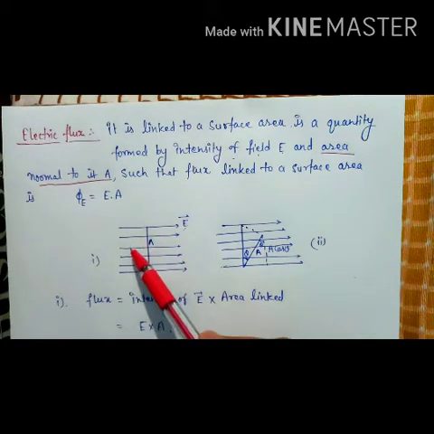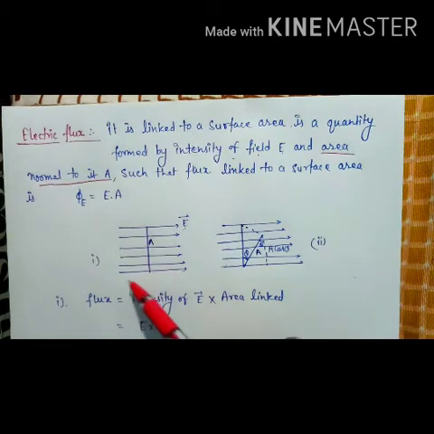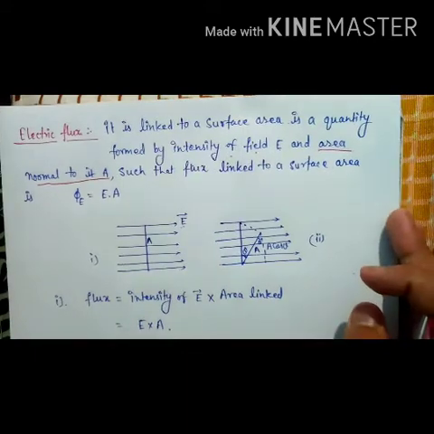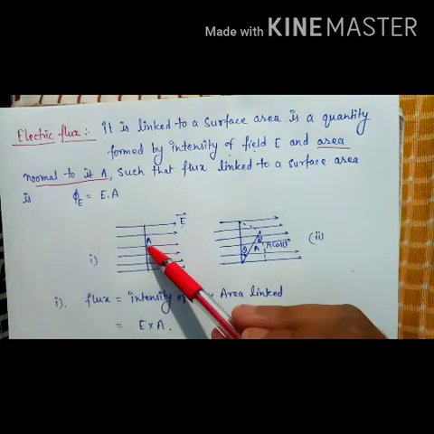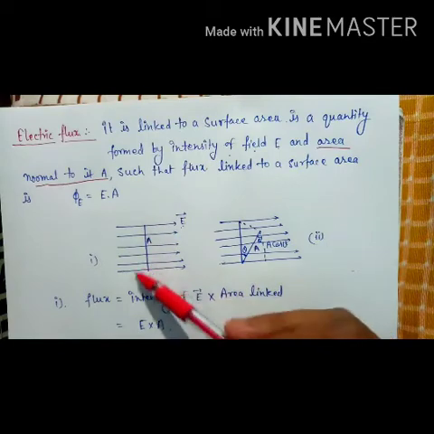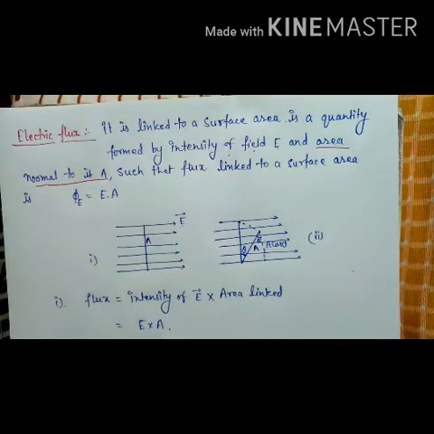Here we have 1, 2, 3, 4, 5, 6. That means this 6 is the flux linked with this surface area. So we can write flux is equal to intensity E multiplied by area linked. Got it? If it is unit area, then what we count is the flux linked with this unit area.